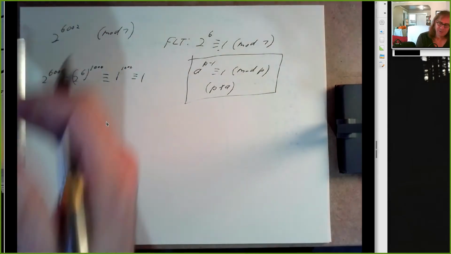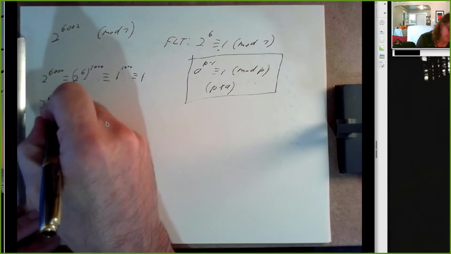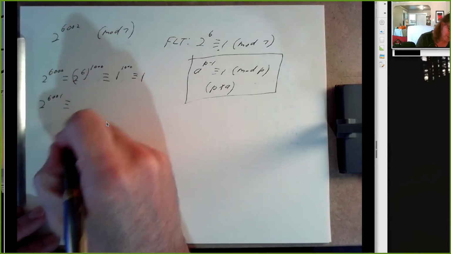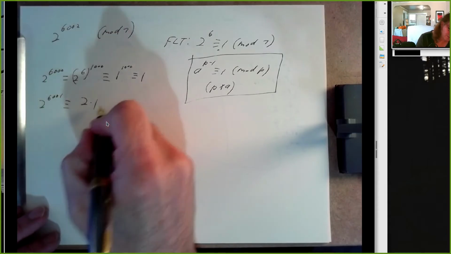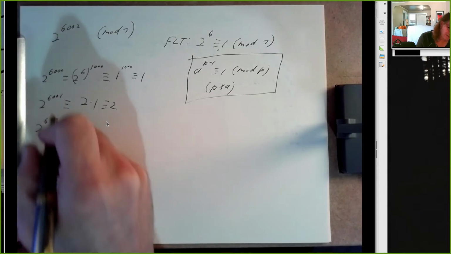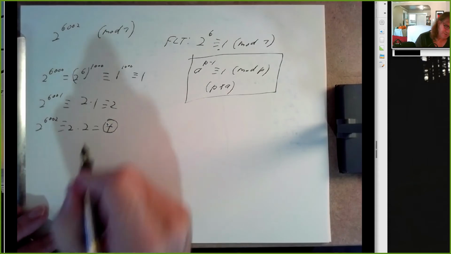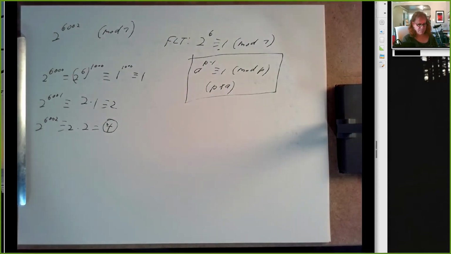And now we just go forward 2 steps to find 2 to the 6,002nd. So 2 to the 6,001 is 2 times 1, which is 2. 2 to the 6,002 will be 2 times 2 to the 6,001, which was 2, so that's equal to 4. Or you can write 6,002 as 6,000 plus 2 and just multiply directly. But that's the basic approach when you're using Fermat's Little theorem to do a large exponent.